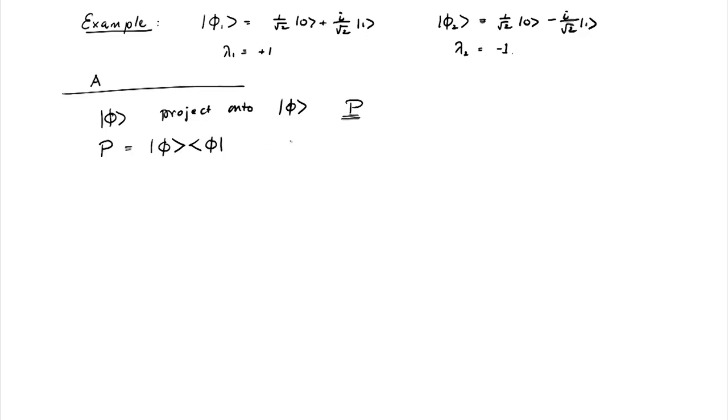The way you check this is if you now look at P times psi, what is it? It's ket phi, bra phi, ket psi. If you group these two together, you use associativity, or in this bra-ket notation, you just look at it in a different way, and you look at this piece, and that's the inner product of phi and psi.